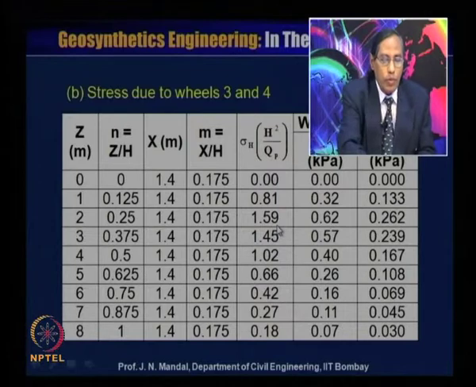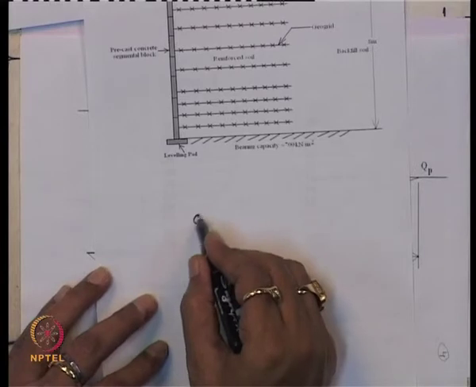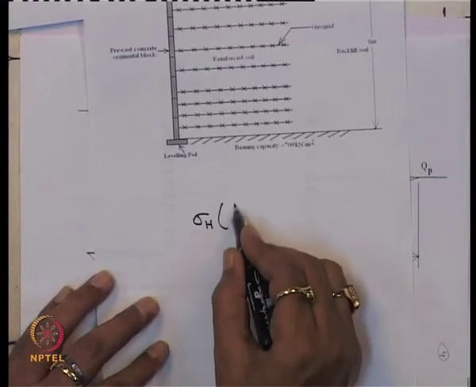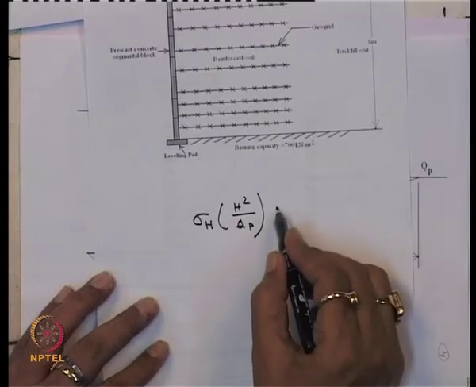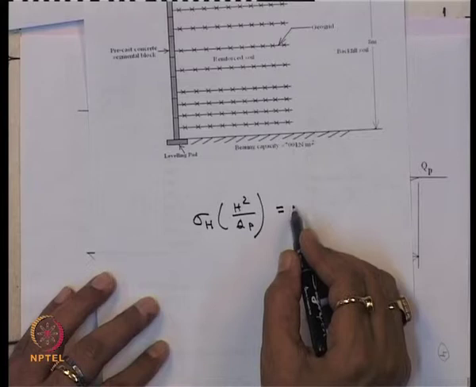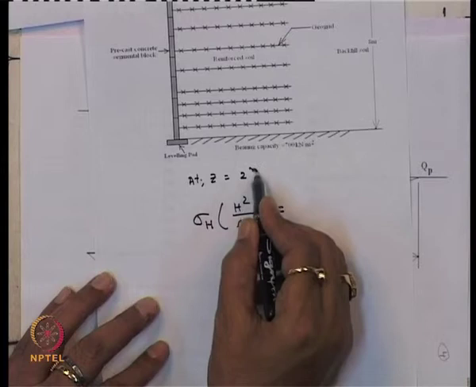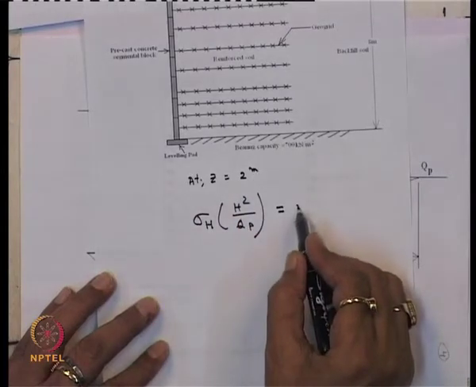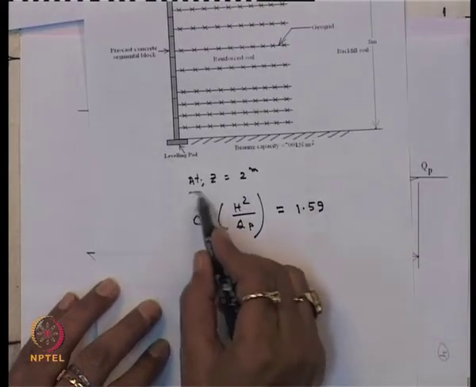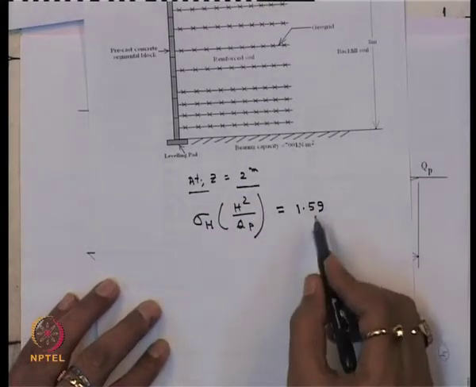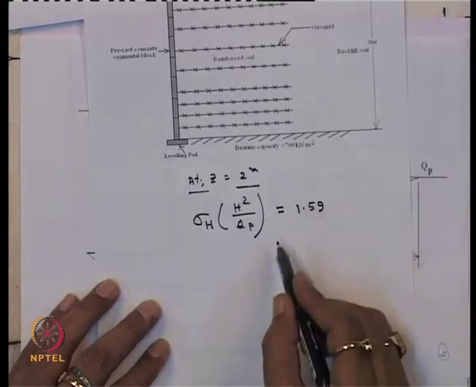We calculate at a depth of Z equal to 2 meter, and you substitute the value n and you find it is 1.59.